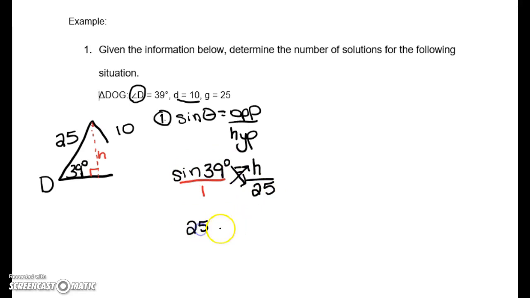And just to write this properly mathematically, and that way we don't get confused, you always write the number for your side first, then the actual angle. That way you don't think you're taking the sine of 3,925. So just to avoid confusion, you always put the side first, then your angle. Then we're going to do our next multiplication. That's 1 times h, or simply just h.